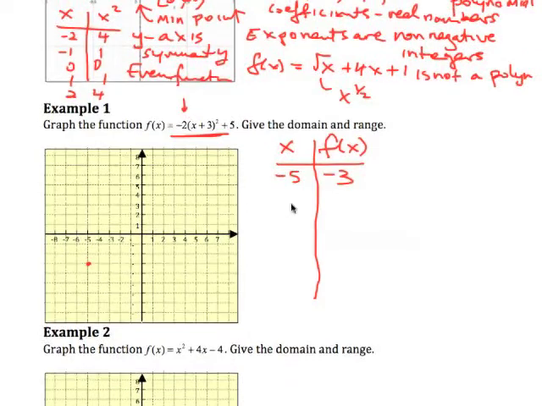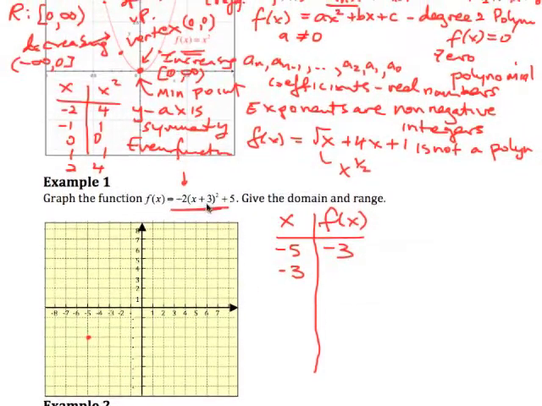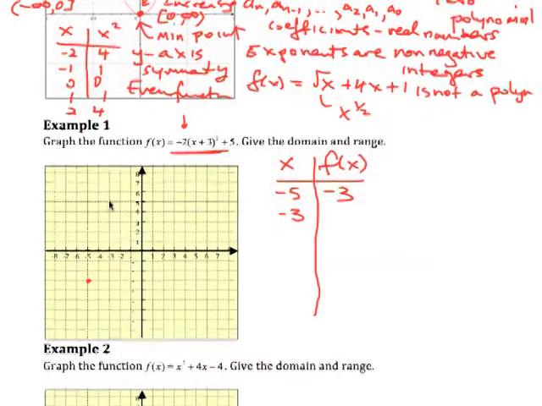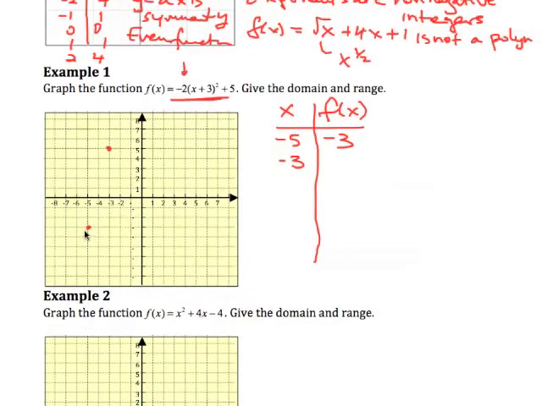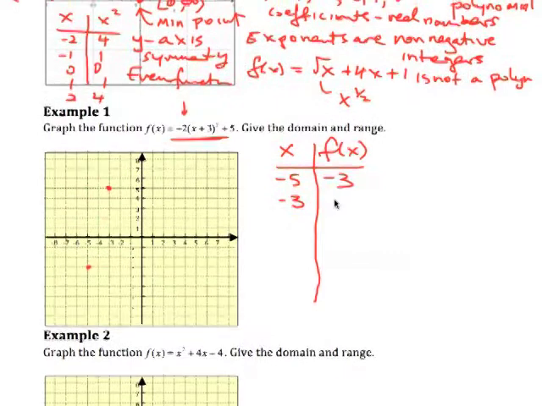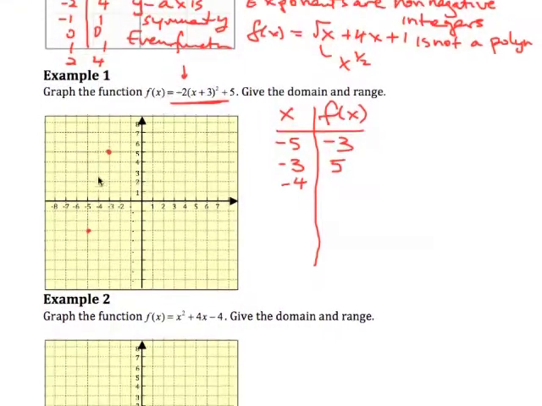Let's try something like -3. What happens if I put -3 here? Well, I get 0 here, and I get a plus 5, so I end up with this point here. All right, well, what about a -4 then? Let's see what happens here.